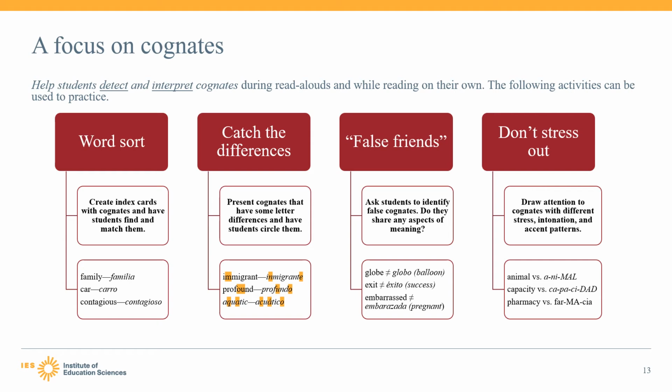So animal and animal are spelled exactly the same way in English and Spanish, but as you heard, animal, animal, the stress patterns are different, and these kinds of differences are also in many ways systematic, and it helps students recognize that there are different kinds of pronunciations they should aim for and practice with, and building those skills around recognizing similarities and differences within and across languages can only help them master new words in the context of new texts and new content.